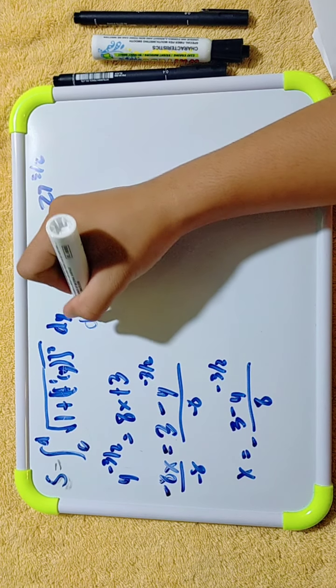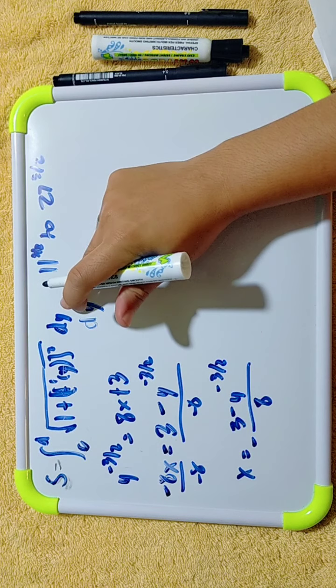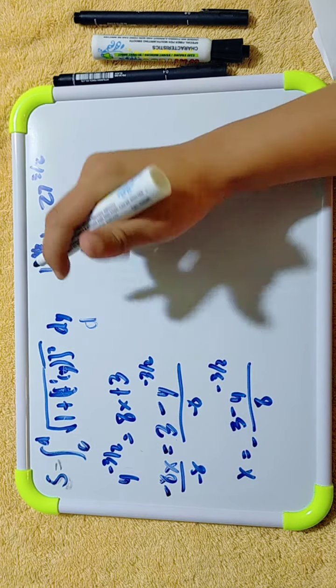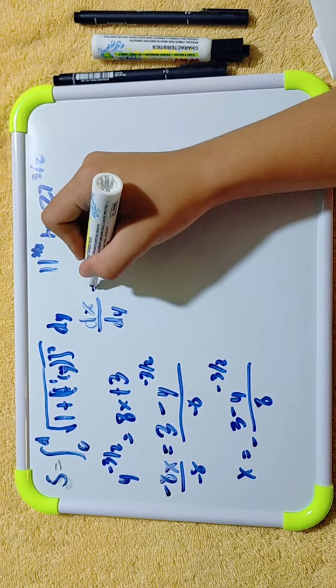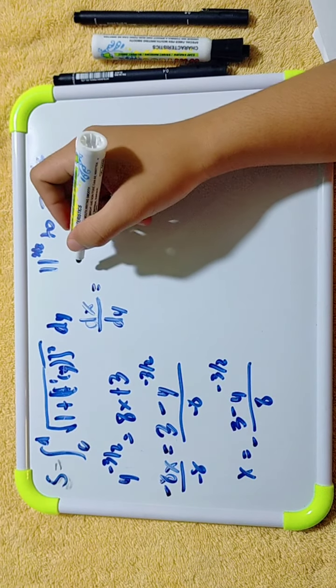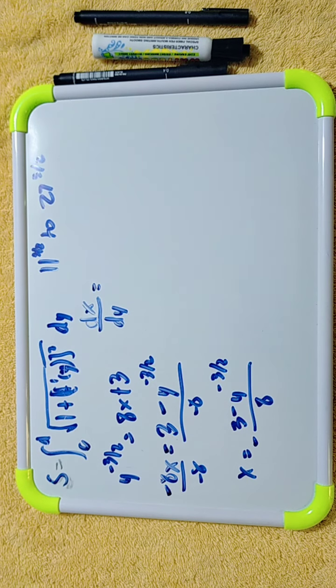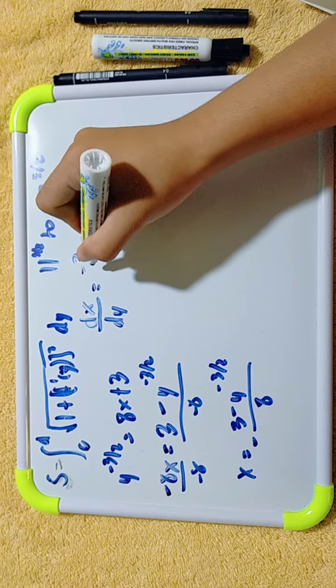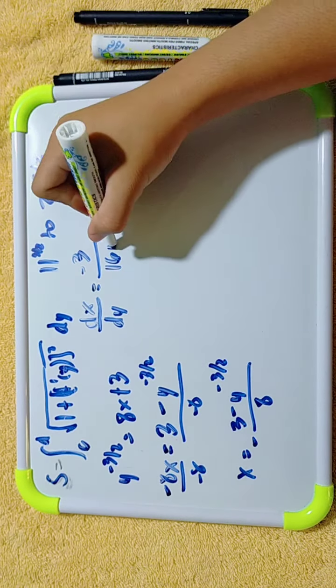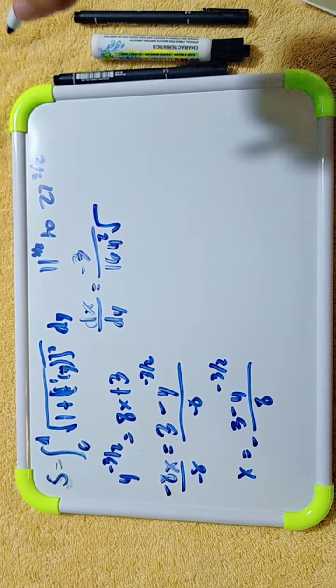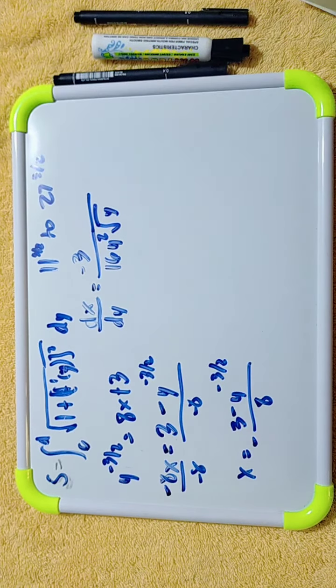So, dx over dy is equal to, the derivative of that is negative 3 all over 16 y squared square root of y.